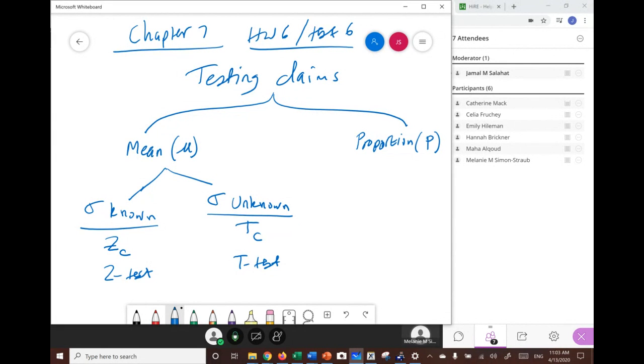Now, for a proportion, we're going to use a Z critical, as with the mean when sigma is known. It's the same thing. We're going to use a Z critical, and for a proportion, we're going to use a proportion test.